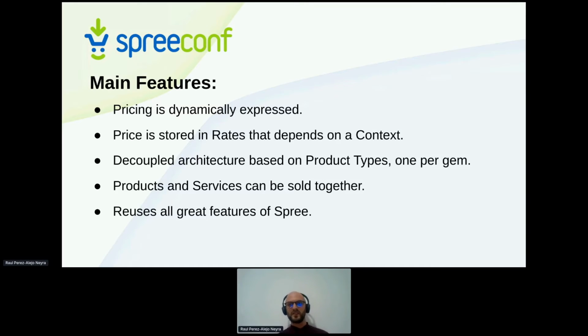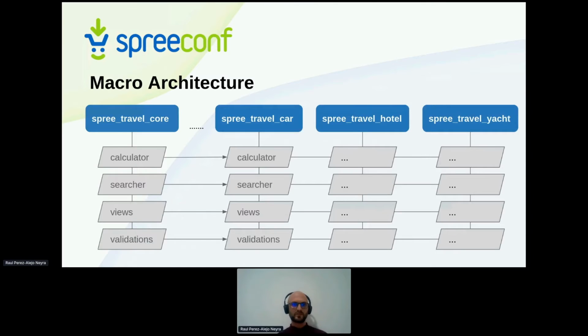Each product type lives in one gem. Spree products and the new services can be sold together. They can live in the cart together. And this set of gems reuse all the great features of Spree.